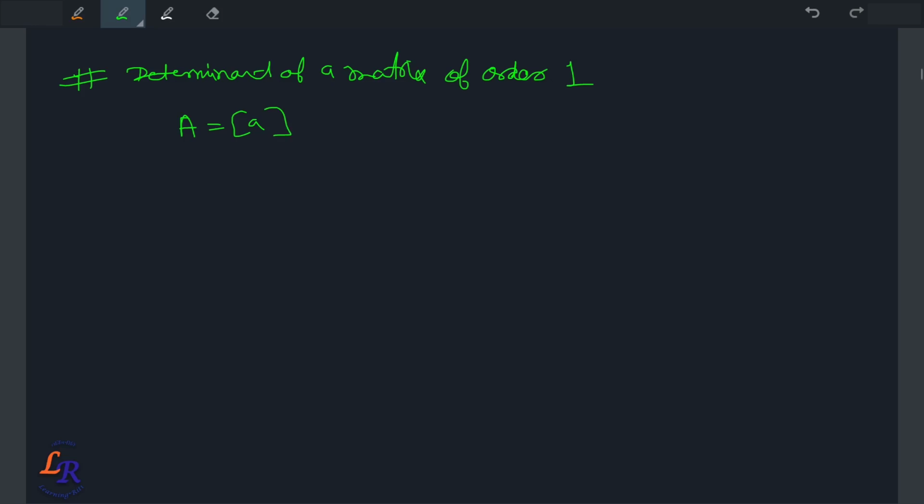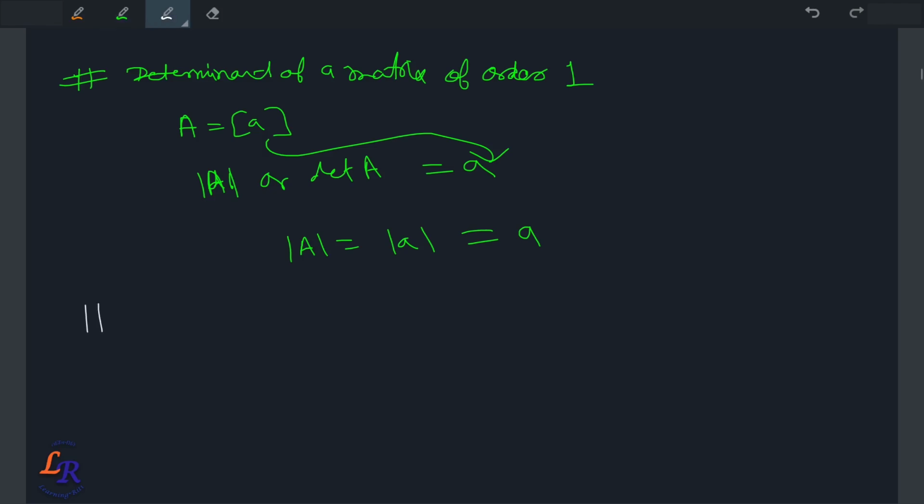The determinant of A for this matrix is simply the value of that element. So for an order 1 matrix, the determinant of A is equal to the same value.